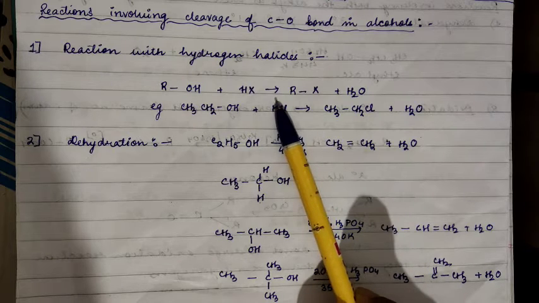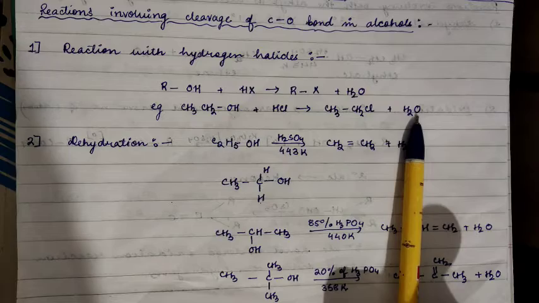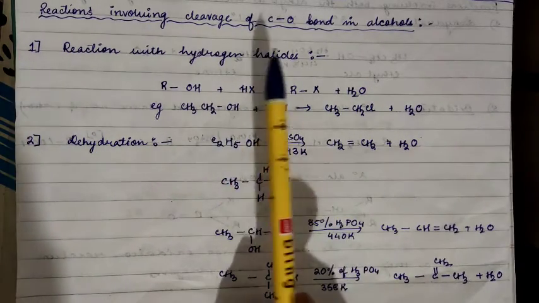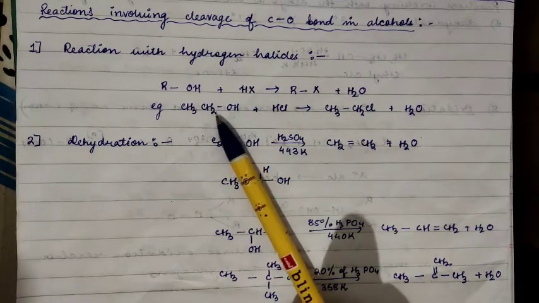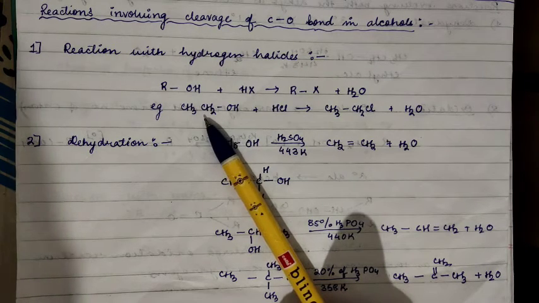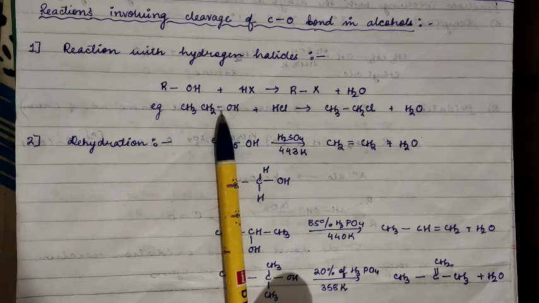The bond between hydrogen and chloride will also be broken and you will get H2O. So when alcohol reacts with hydrogen halide, you will get alkyl halide plus water. Nothing but the OH is replaced here.